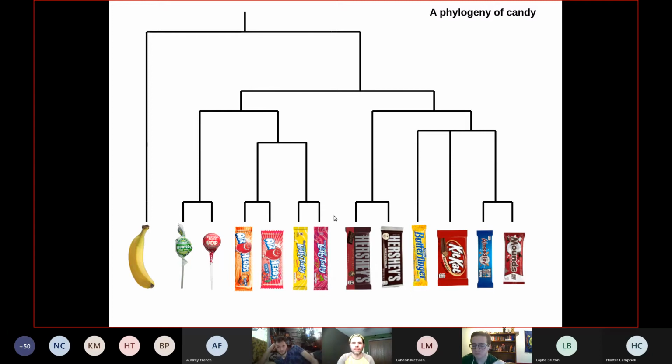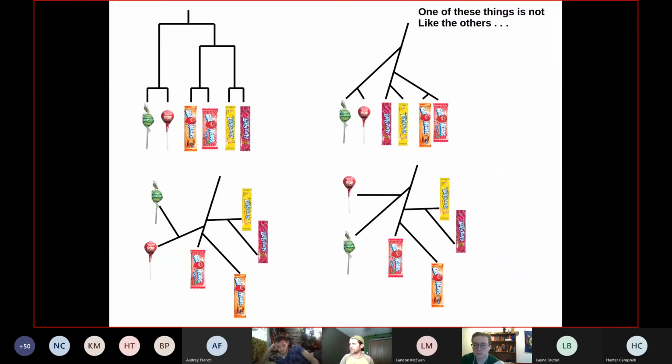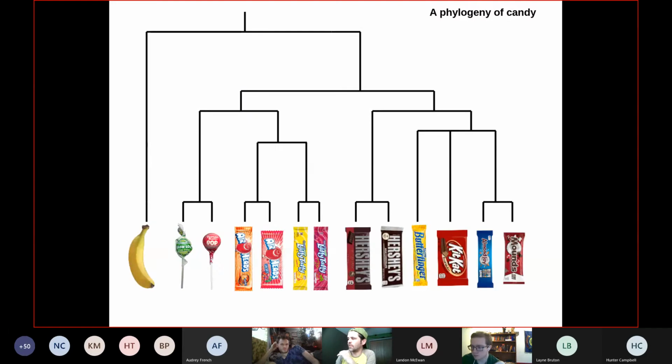Let's take a look at a few phylogenies that aren't neat and tidy like this with everything on one line. Monophyletic meaning what? Meaning everything downstream from a common ancestor. So everything from this branch point, if I looked at that whole group and circled it, that would be monophyletic, meaning one phylogeny.